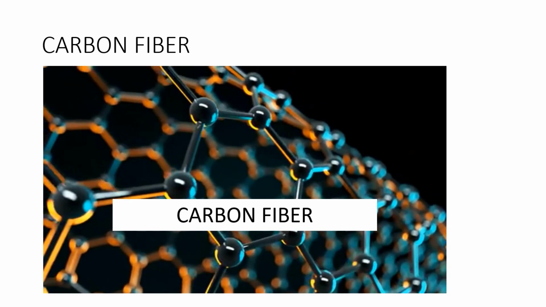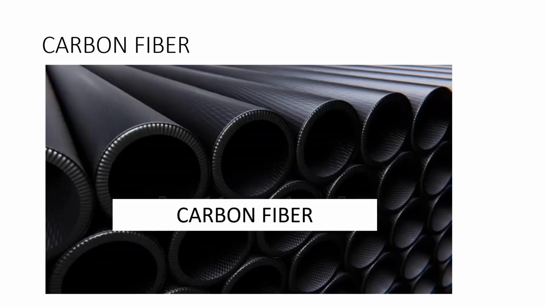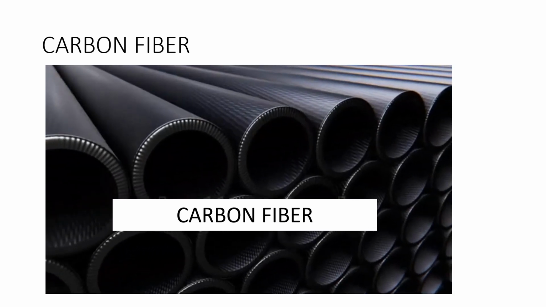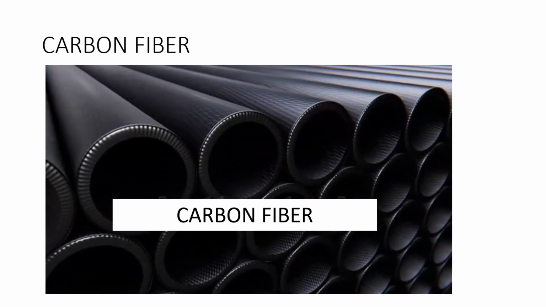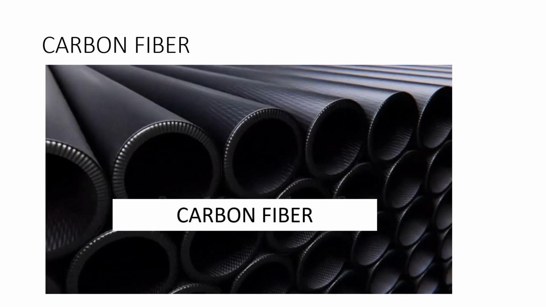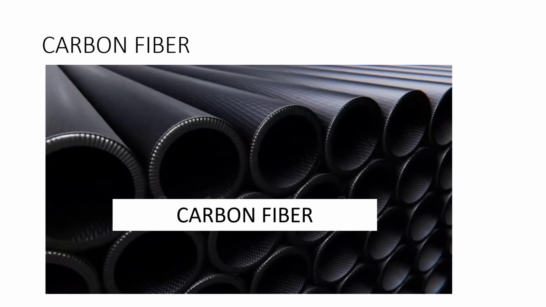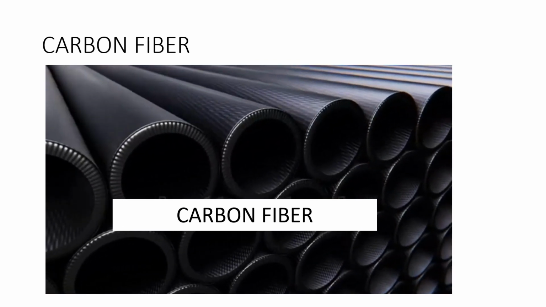These carbon atom layers are arranged in a regular hexagonal pattern, which I have shown you in this video. Carbon fibers are a material consisting of thin, strong crystalline filaments of carbon, used as a strengthening material, especially in resins and ceramics.